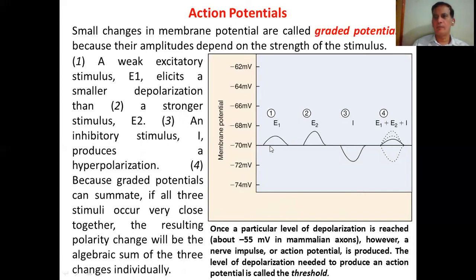For an impulse to be generated, the excitatory signal has to reach a level of minus 55 millivolt. This level of depolarization needed to generate an action potential is called the threshold. The excitatory signal has to cross that threshold; only then will it generate an impulse.